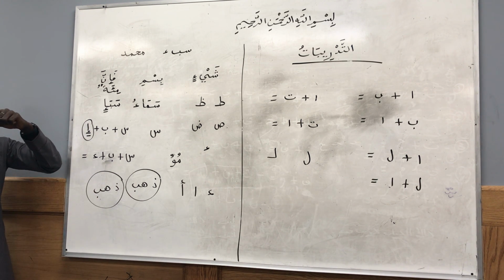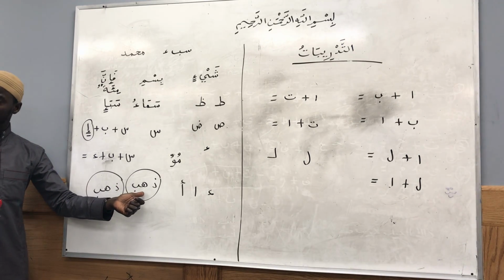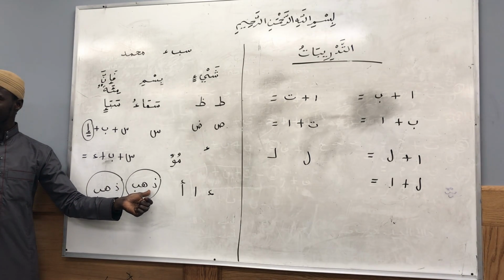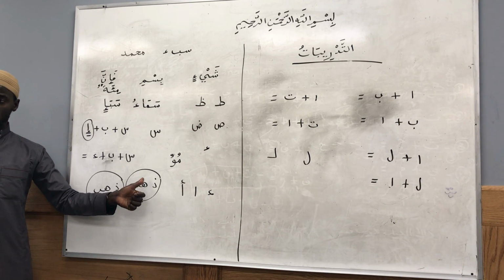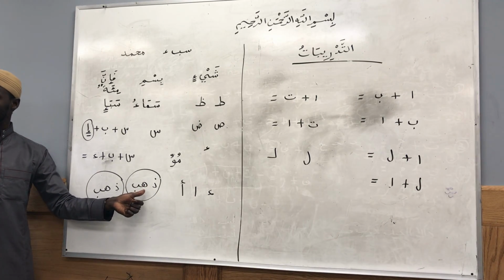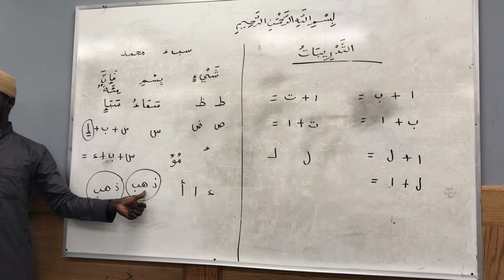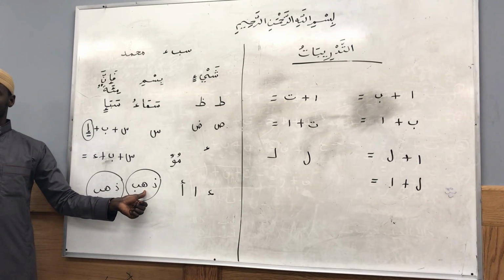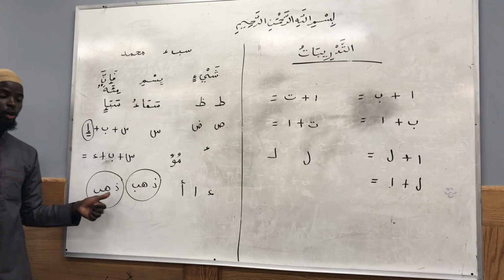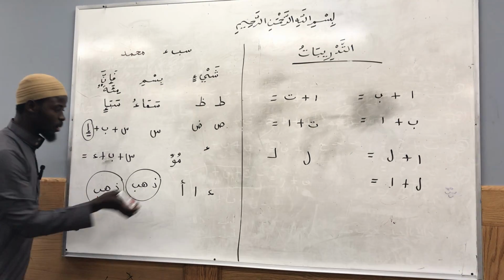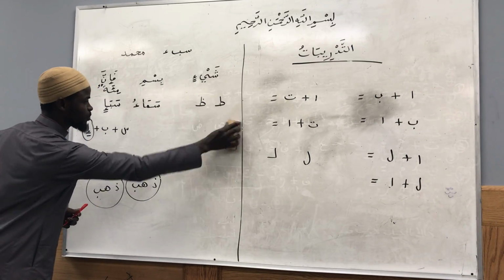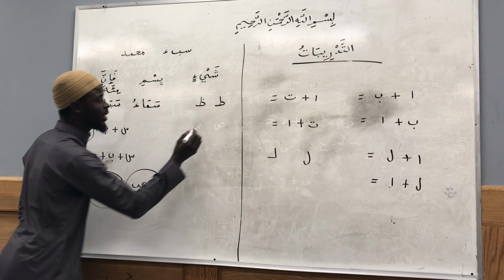Second, how do you know this word is not Zahaba, without the vowels? That time we have to see the whole sentence. Yes, exactly. That means you have to know the whole sentence. For example, let me give you a quick example. عندي.